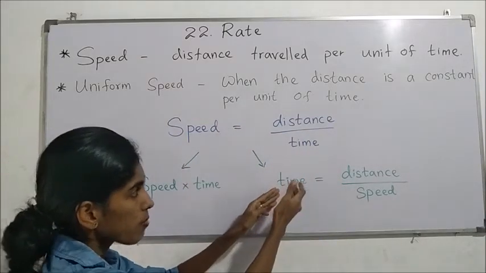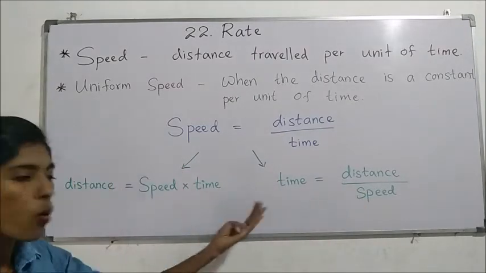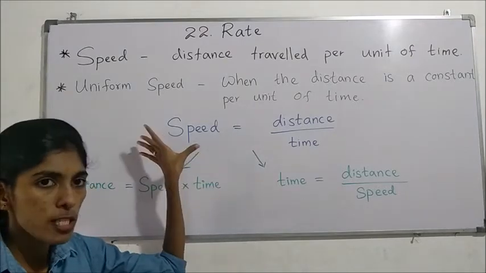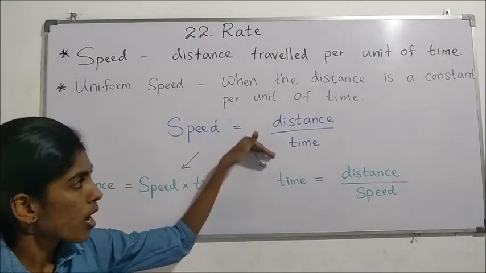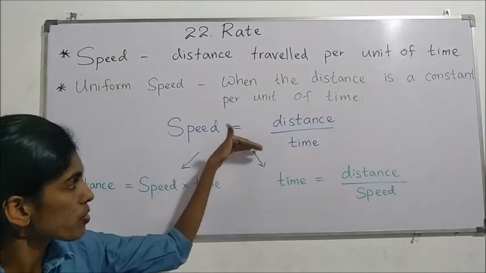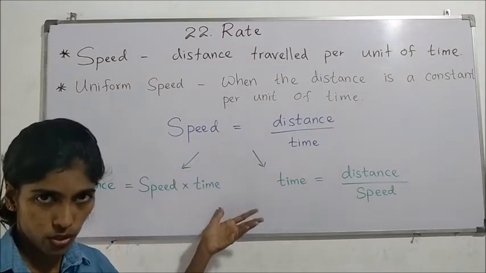So to find the time, divide the distance by the speed. No need to remember all these things. You remember only one main formula, and with its help you can find the time or distance when necessary. You need to arrange the formula as you wish.